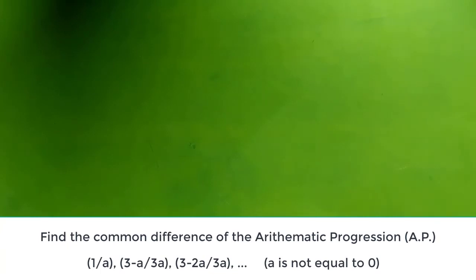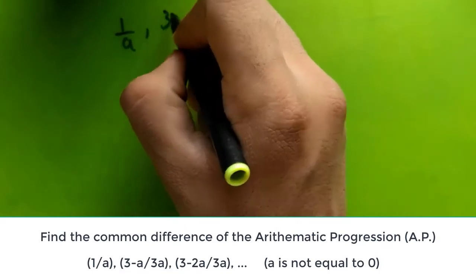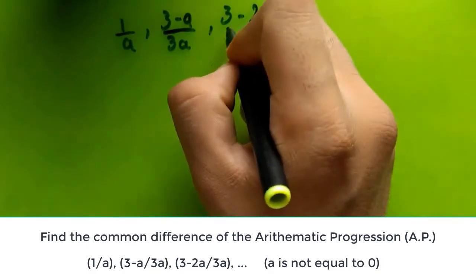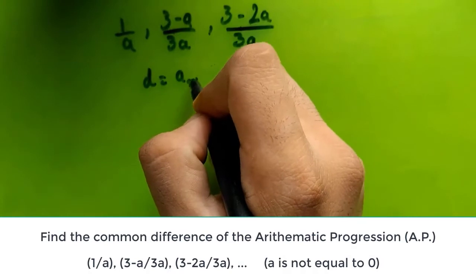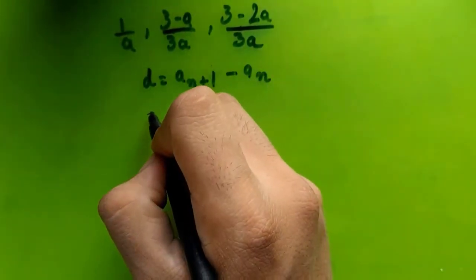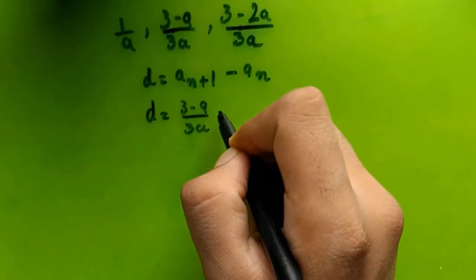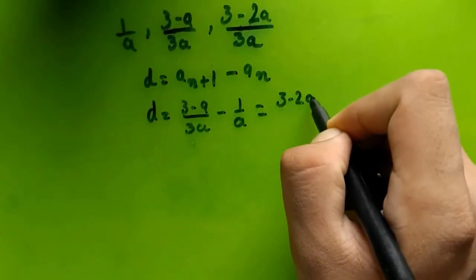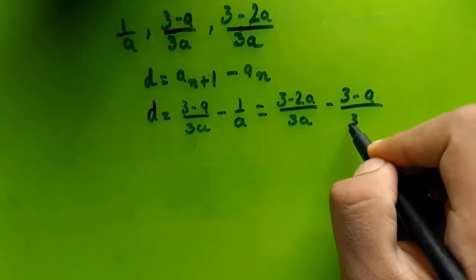Find the common difference of the arithmetic progression 1/a, (3 minus a)/3a, (3 minus 2a)/3a. Therefore d is equal to succeeding term minus the preceding term. Therefore d will be equal to (3 minus a)/3a minus 1/a, or equal to (3 minus 2a)/3a minus (3 minus a)/3a.